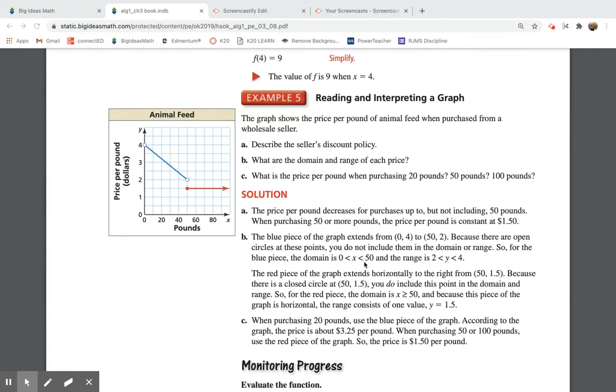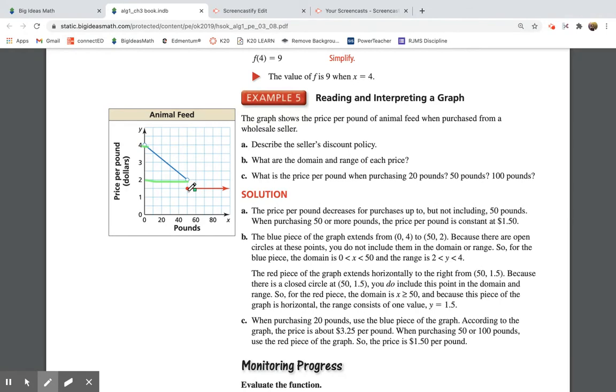Right now we're just looking at the blue piece. And then for the range, that's looking at just your y. If you look at it this way, let me draw lines. We have it from 2 to 4, and again, open circles, so it's not included. So your y has to be between 2 and 4. So greater than 2, but less than 4.